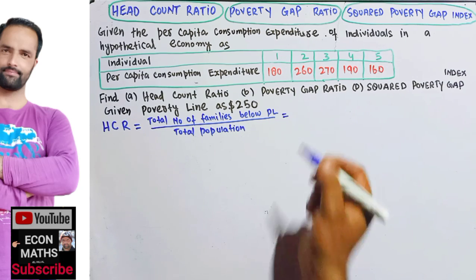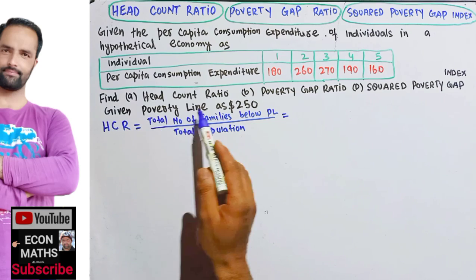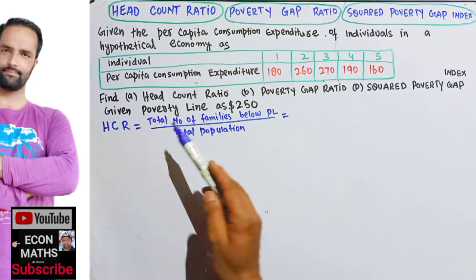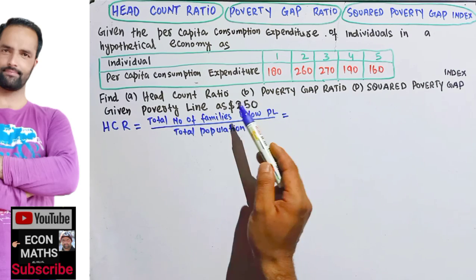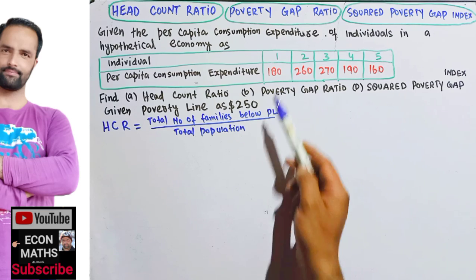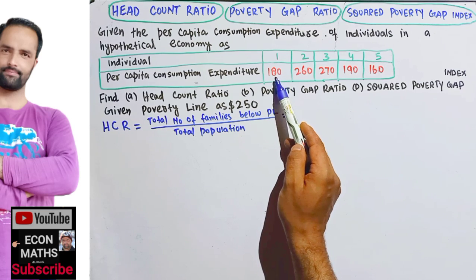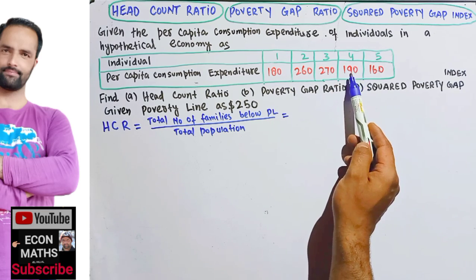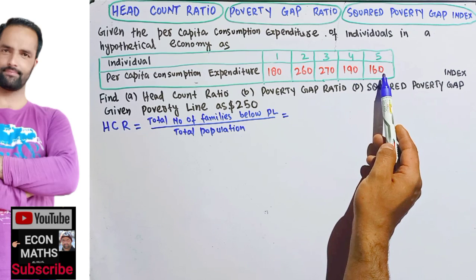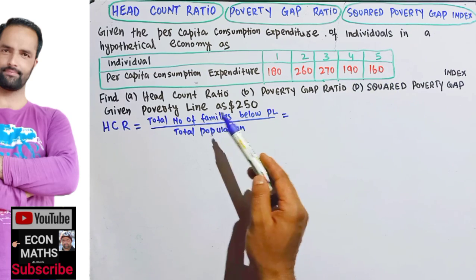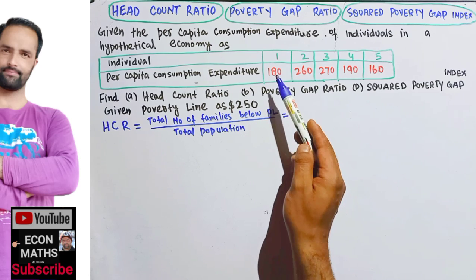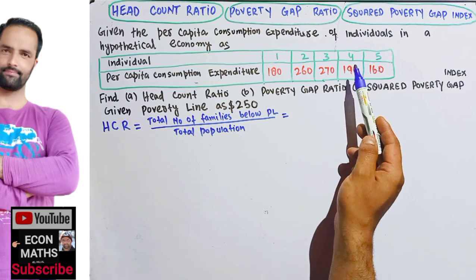Okay, here we can see, since the poverty line is 250, the number of families which are below 250: 180 is below 250, 190 is below 250, and 160 is also below 250. So the total number of families below the poverty line are the first individual, fourth, and fifth.